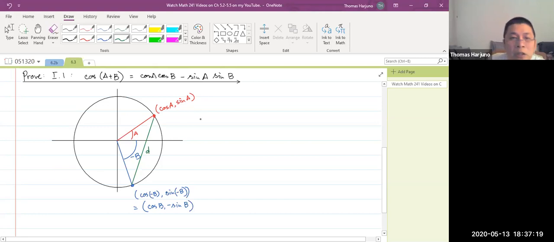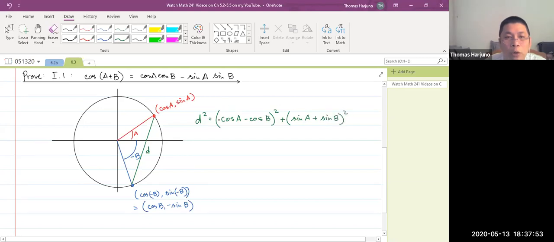Using the distance formula, D squared equals cosine A minus cosine B, squared, plus sine A minus negative sine B, squared.